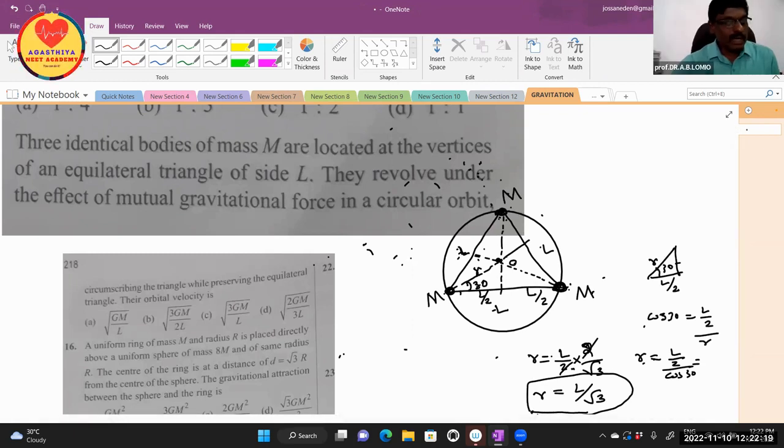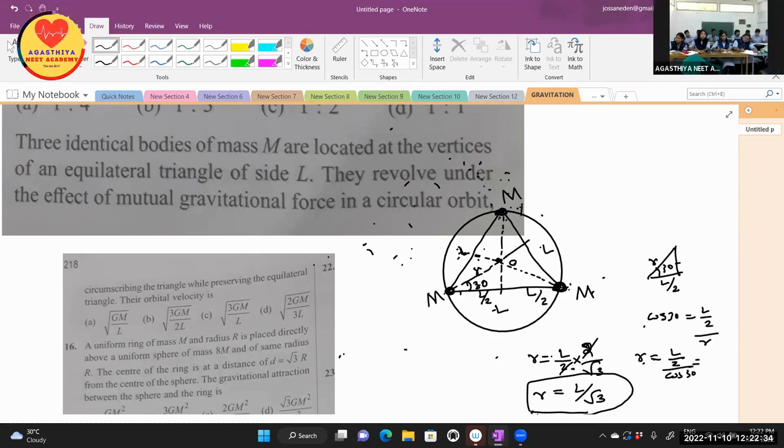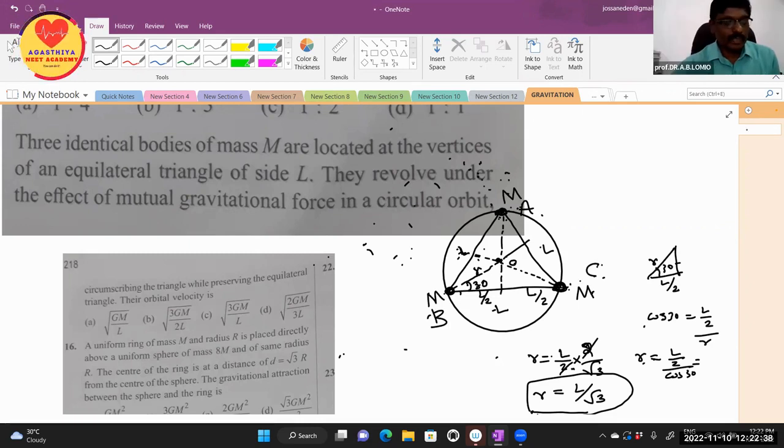Now what we are doing is, the net force of attraction at A due to the mass m placed at B and C. Correct?